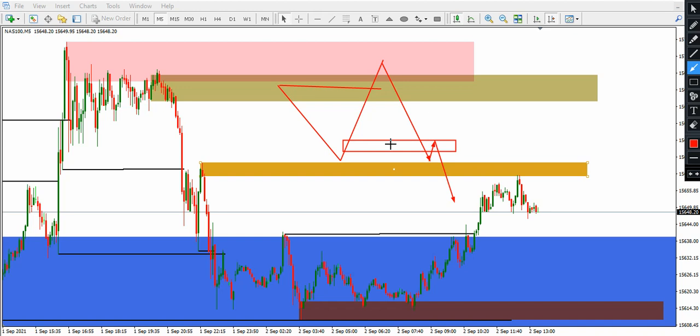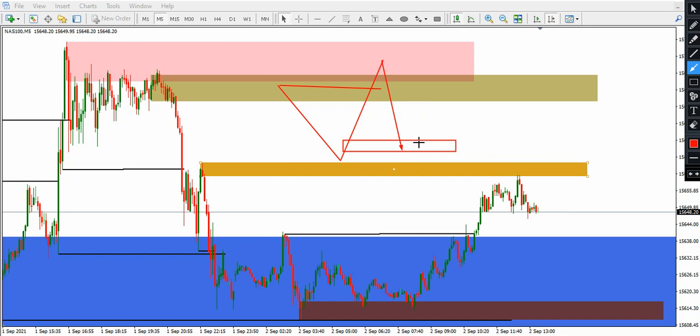Therefore, this order block becomes a breaker block. It is no longer a mitigation block, because if price just respects this order block and goes back up again, then this would be a mitigation block.